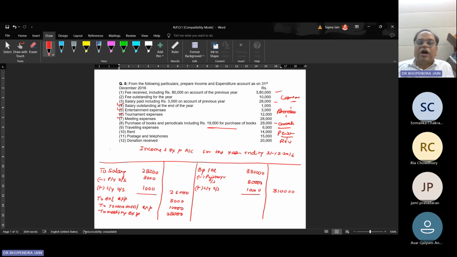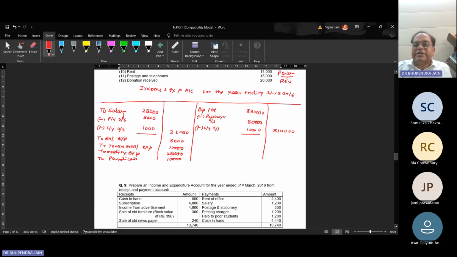Clear, beta? Then how much total is spent for the purchase of books and periodicals? 29,000, and out of 29,000, 19,000 is for the books. So here how much will come? Only 10,000 rupees, because 10,000 is the revenue expenditure. What will we write? To periodicals, 10,000. Next, beta. Traveling expenses 6,000.